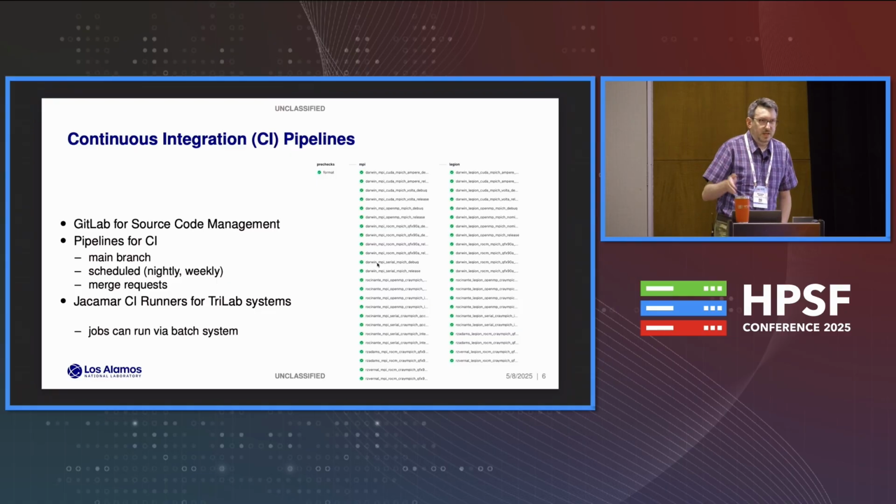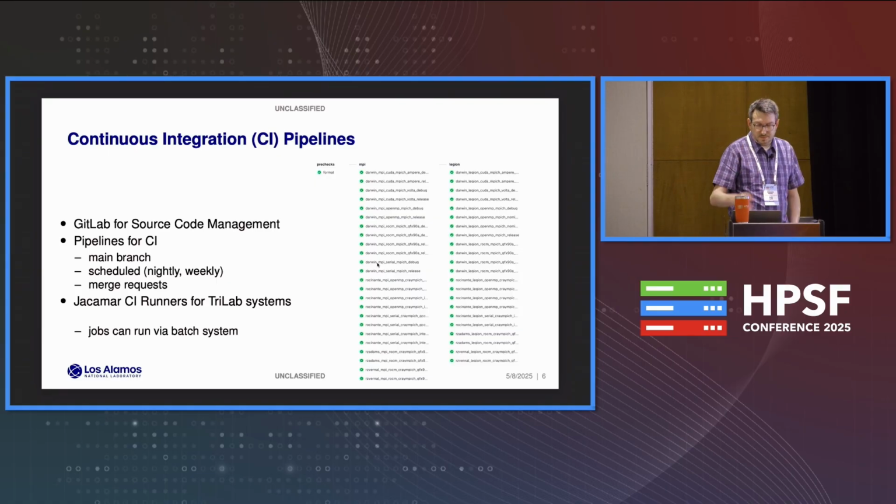Typically the way you set this up, you have merge request pipelines that do some testing. If you have more elaborate tests, you run them on the main branch. And the really expensive ones that take a long time, you might use scheduled pipelines that are nightly and weekly. So what you see here is a typical pipeline for a research code.